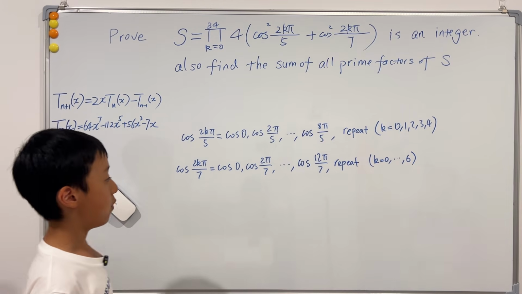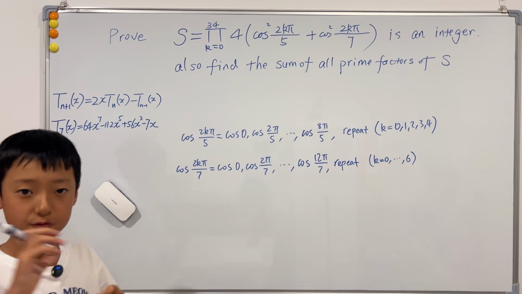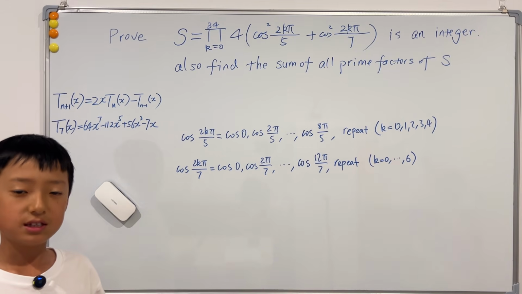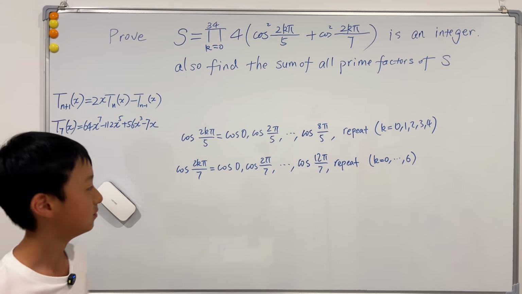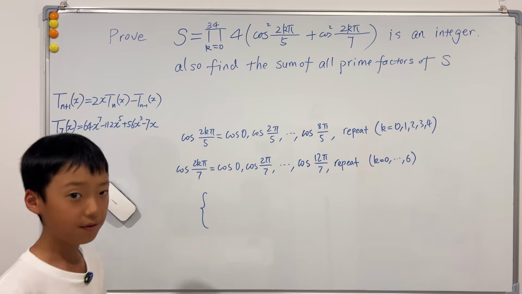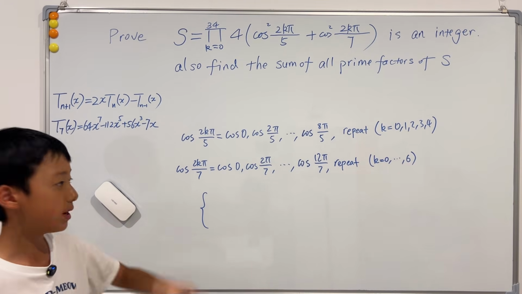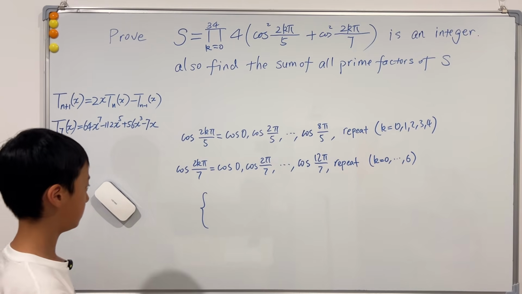Now, this is where our second prerequisite comes in. And what this prerequisite is, CRT, or Chinese Remainder Theorem. Usually we have a system of congruence equations, and usually there will be more than two, but in our scenario, we will only have two congruence equations.